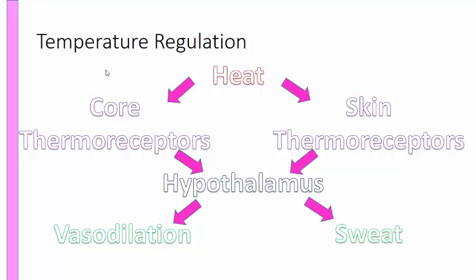If we're vasodilating the blood vessels feeding the skin, that means we are losing more heat from blood being taken away from our core and out to our skin, and that's going to allow a larger gradient to occur for radiation or conduction or convection, because the skin temperature is going to be higher. Since those allow heat to be lost through a temperature gradient, if there's a larger gradient between our body and the environment, then we're going to lose more heat.